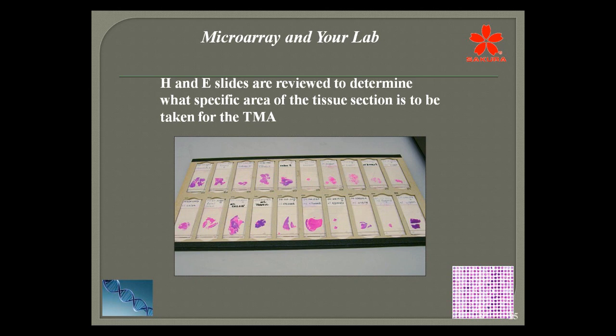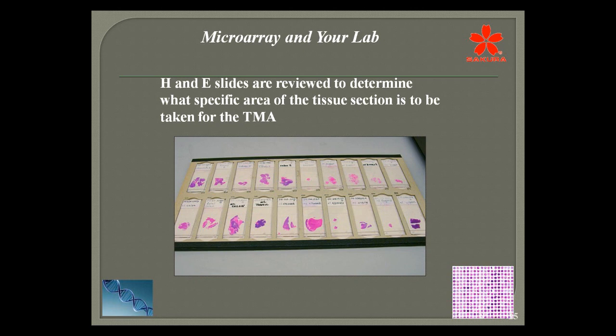advantageous. So it all starts with taking H&E slides. They need to be reviewed to determine what specific area of the tissue section is to be taken for the TMA. The value in having a TMA is that you don't have things like adipose tissue or collagen and connective tissue if you don't need that.